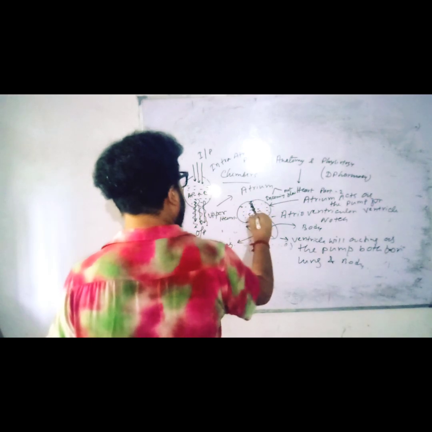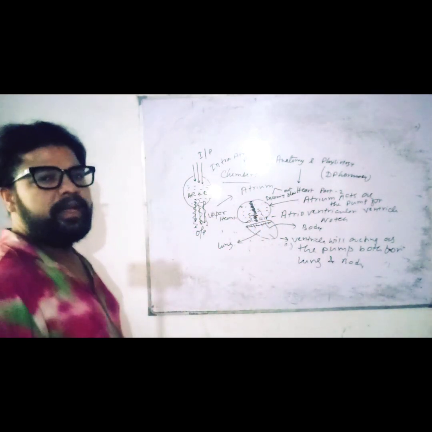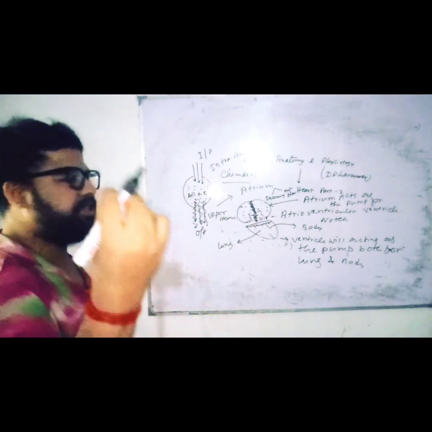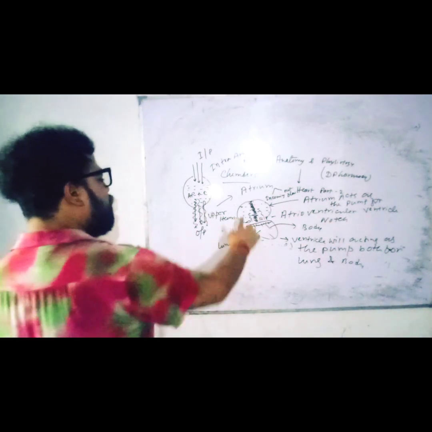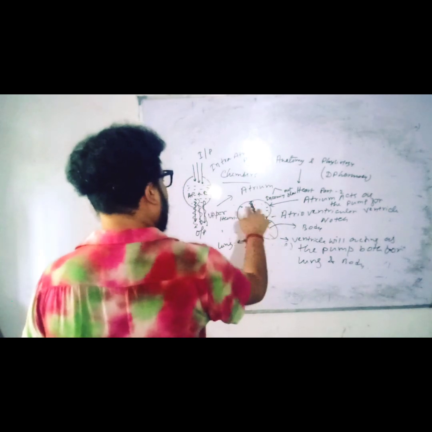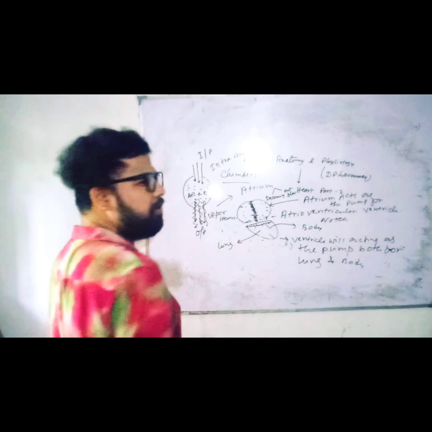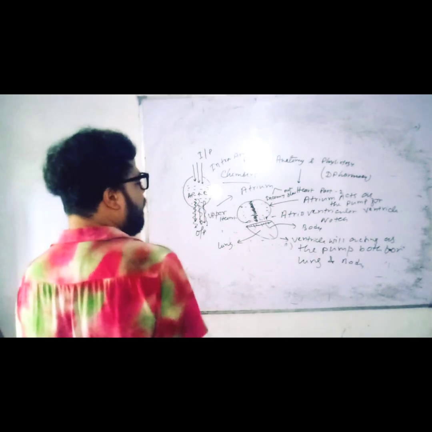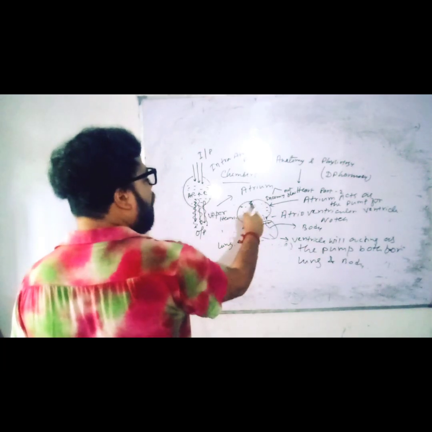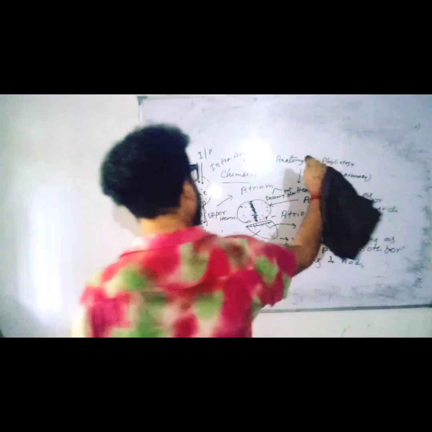Now, between two atrium, at the sagittal plane, mid plane, there is a wall. This wall is called interarterial septum.